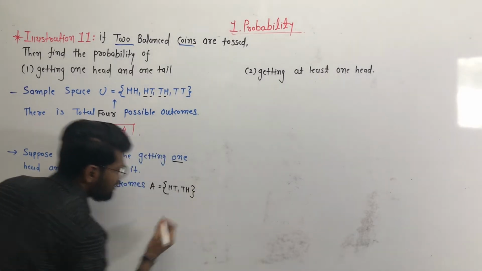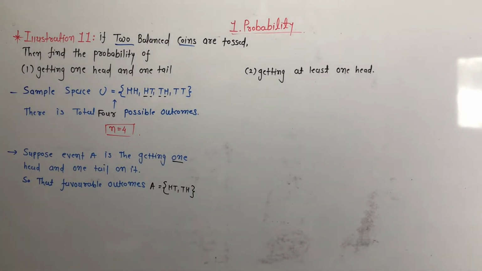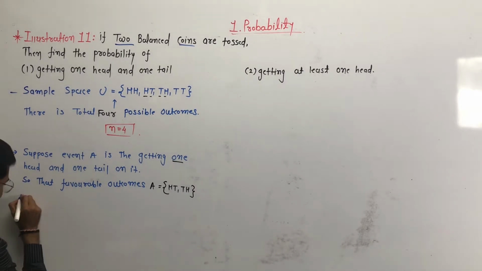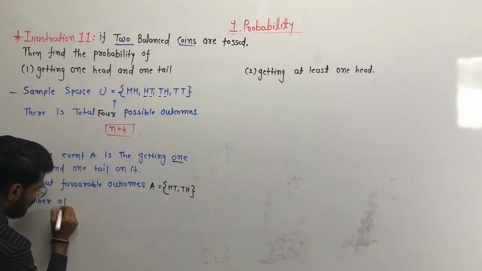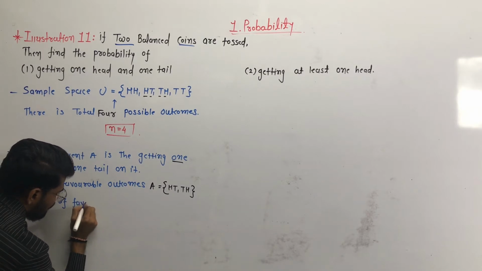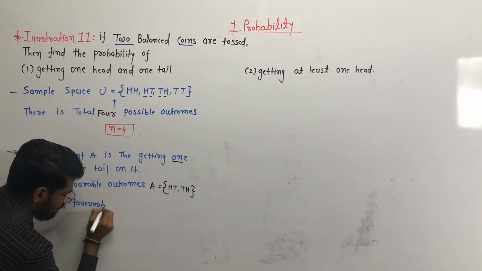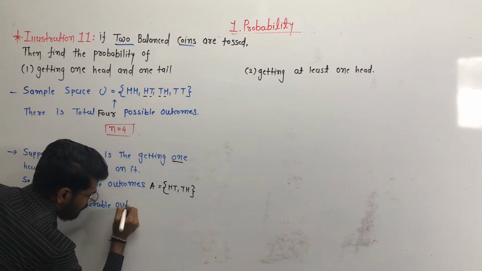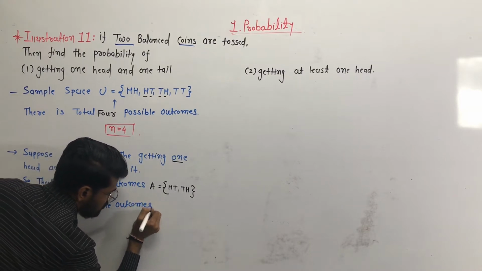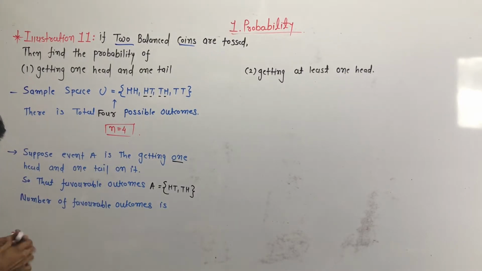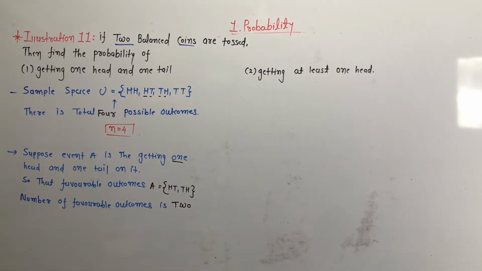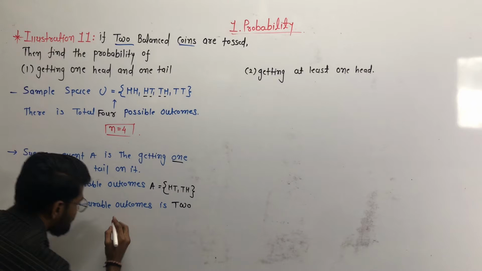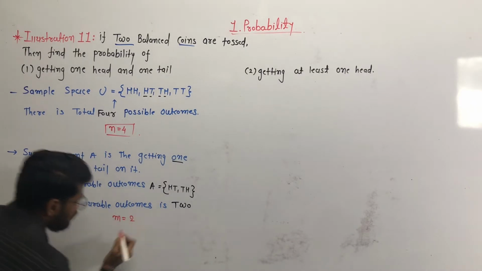So how many favorable outcomes are there? The number of favorable outcomes is 2, and the number of favorable outcomes is denoted by M. So M is equal to 2.